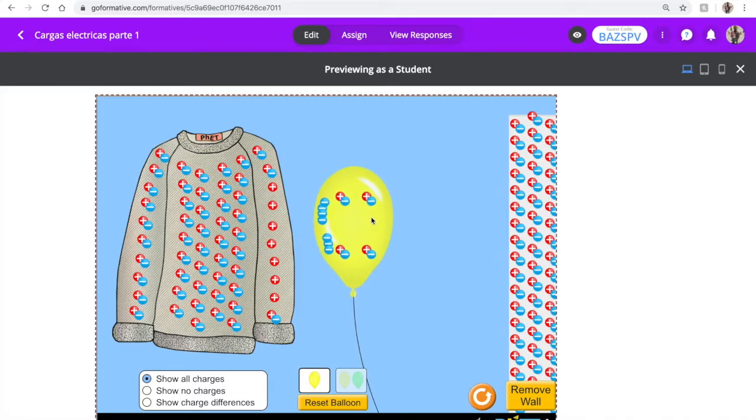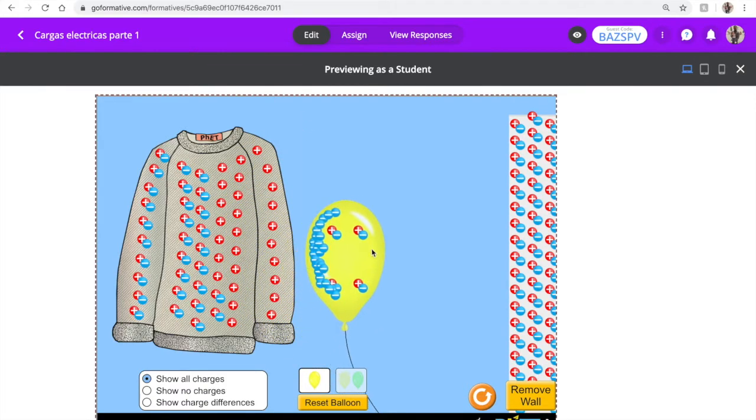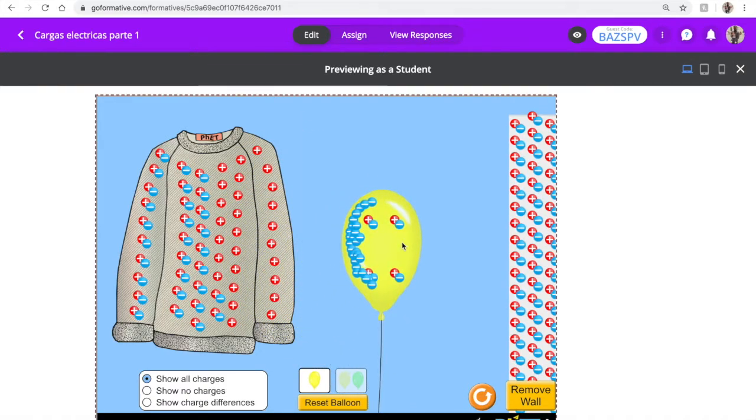And when we rub the balloon on the jacket, all these negative charges are moving from the jacket to the balloon. They are not new. These are negative charges that the jacket had before, and now the balloon has them.